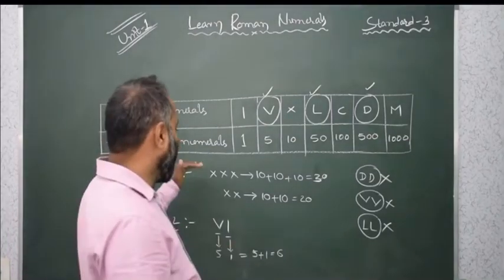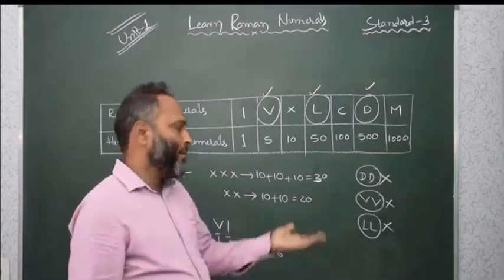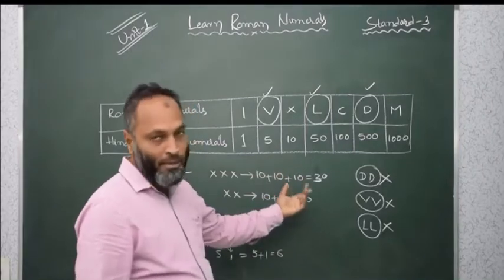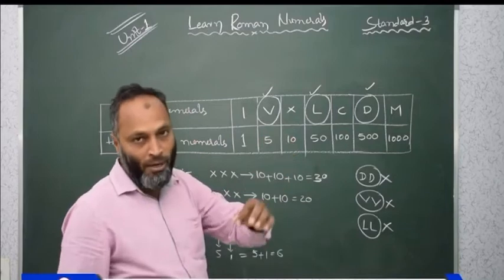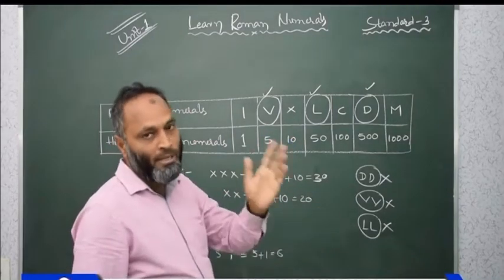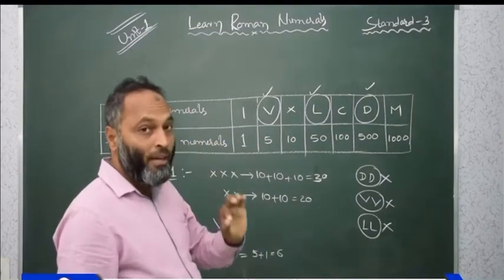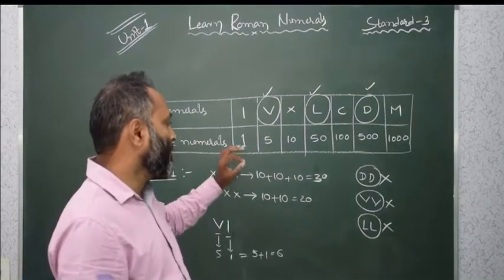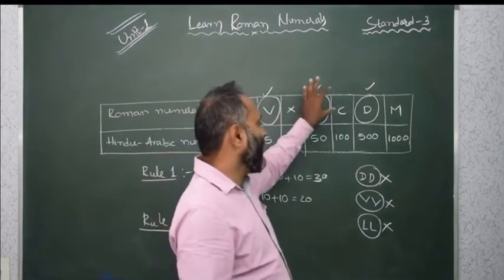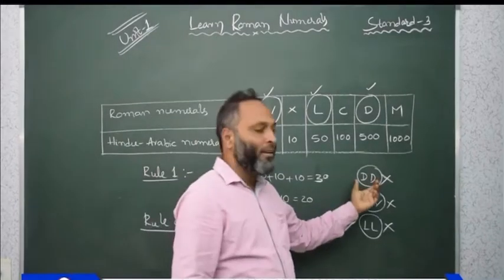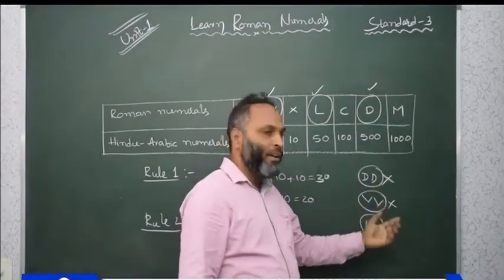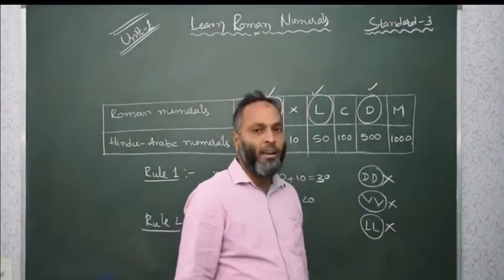First rule, if the Roman numeral repeats, then we have to add. If it repeats 3 times, we add 3 times. If it repeats 2 times, we add 2 times. How many times it repeats, that many times we add. But here one condition is there. In VLD, these Roman numerals never repeat, like DD, VV and LL never repeat.